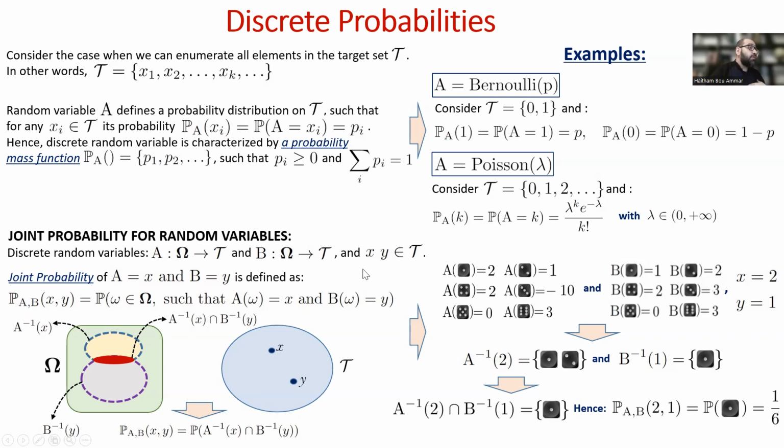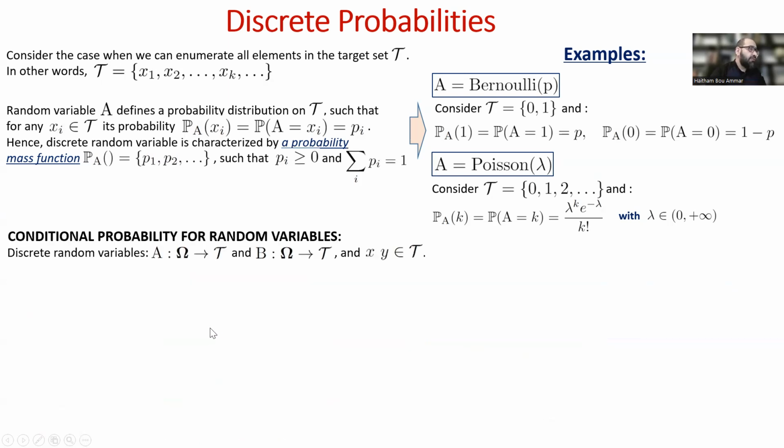And now the joint probability of these 2 random variables will be the probability of those omega in the set of possible outcomes that will make the value of the random variable A equal to X and the value of the random variable B equal to Y.